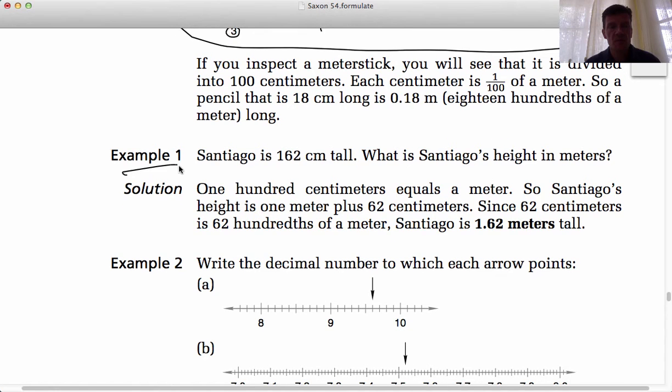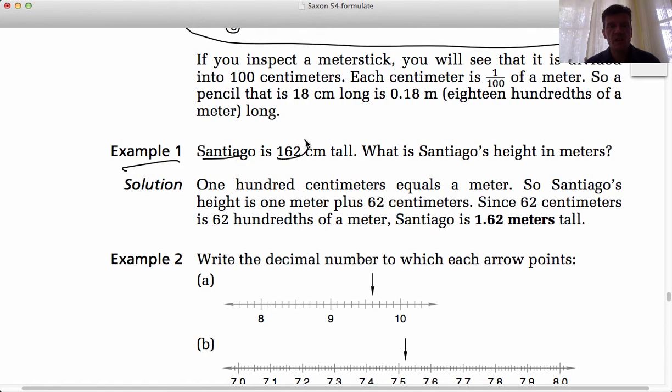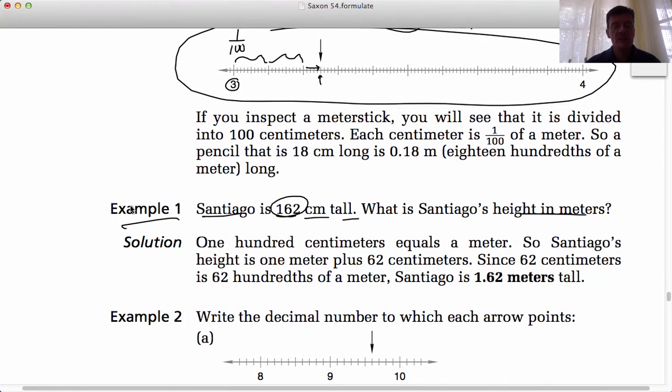So here's example number 1. It says Santiago is 162 centimeters tall. What is that in meters? Well, every meter, 1 meter, can be divided into 100 centimeters. 100 centimeters is the same as 1 meter.